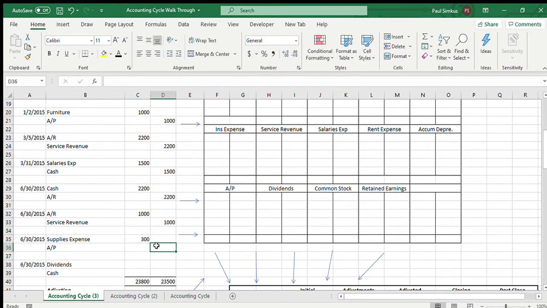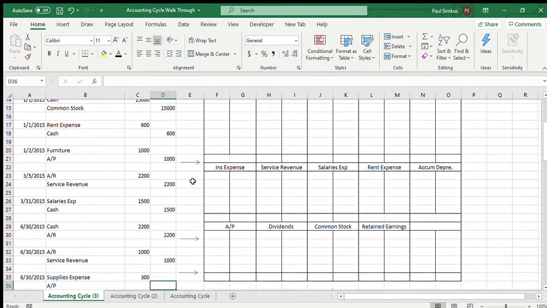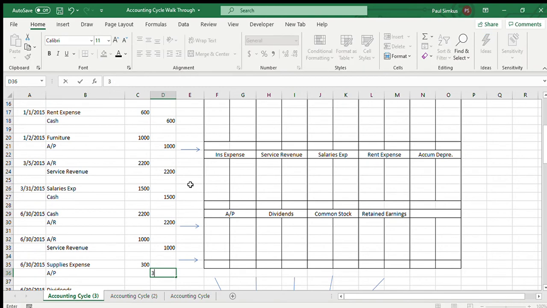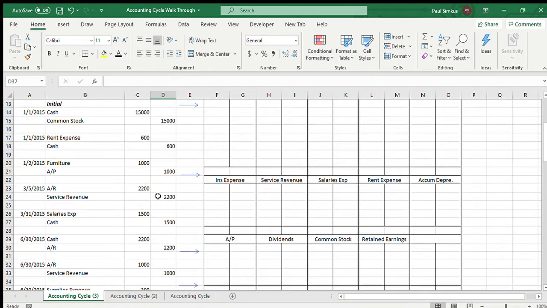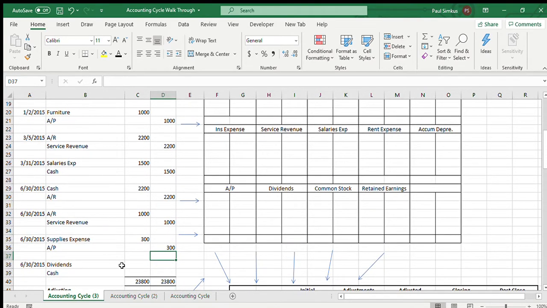And you bought those on account, so $300 would go to AP. Last entry, you paid dividends of $150. So if you paid cash, that would be a credit to cash, and it would be a debit to dividends.